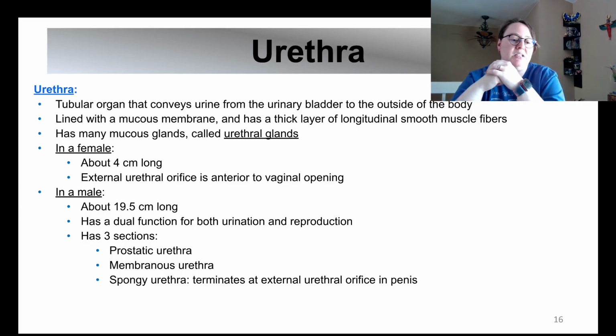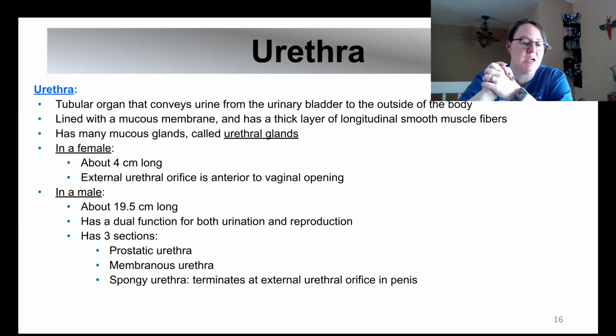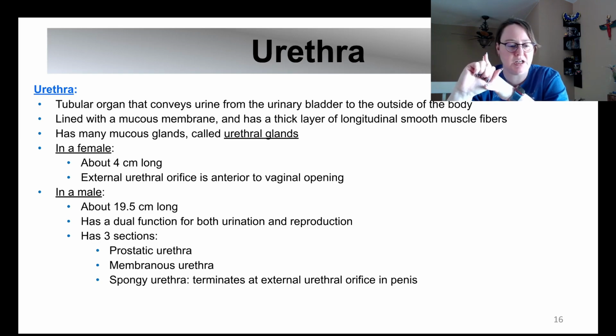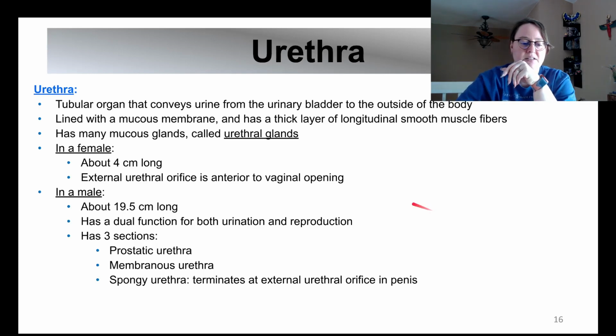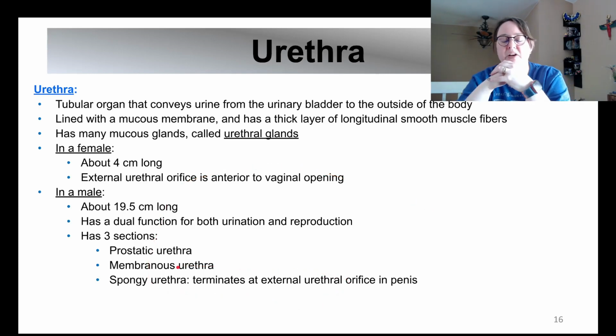In a male, it's about 19.5 centimeters long and has a dual function for both urination and reproduction. We'll talk more about that in the reproductive system. It's 3 sections: the prostatic urethra, the membranous urethra, and the spongy urethra, which terminates at the external urethral orifice in the penis. And actually, I've got some crazy fun facts about penises.